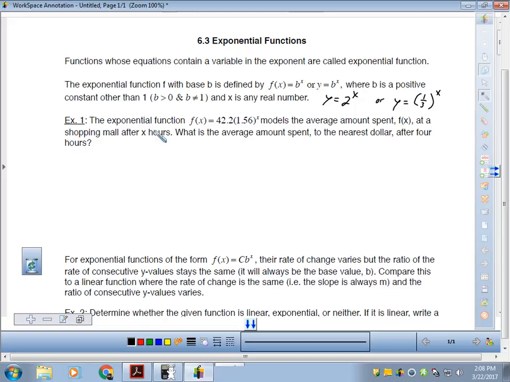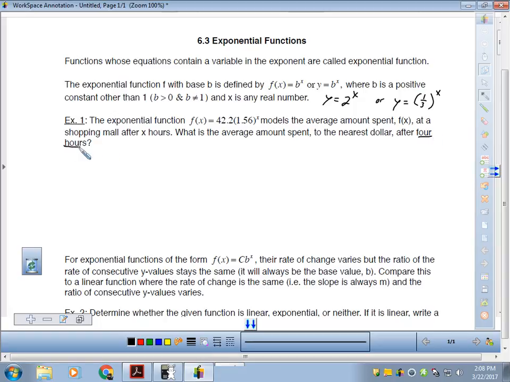Example 1 says the exponential function f of x equals 42.2 times 1.56 raised to the x power models the average amount spent, f of x, at a shopping mall after x hours. So f of x is the amount spent, x is the hours. The question asks, what is the average amount spent to the nearest dollar after 4 hours?